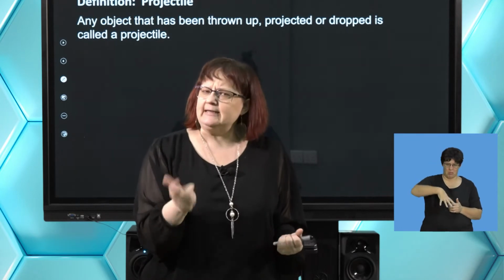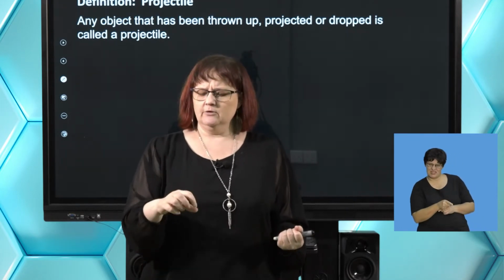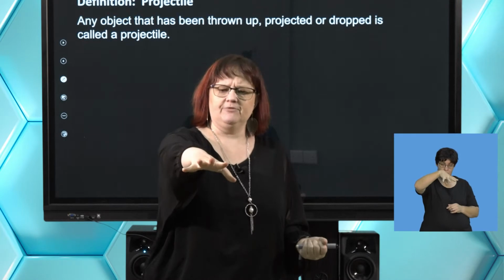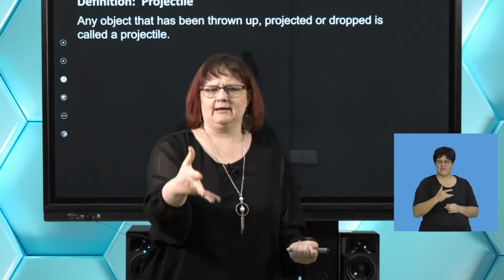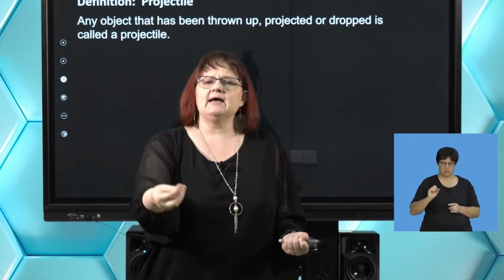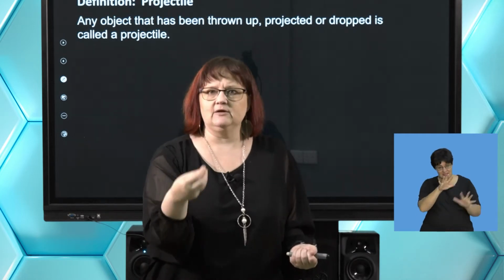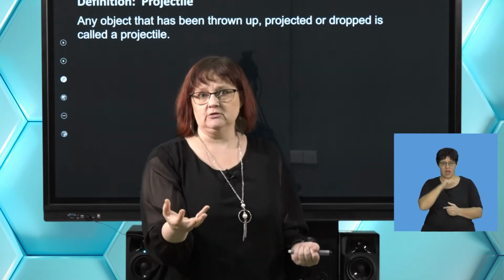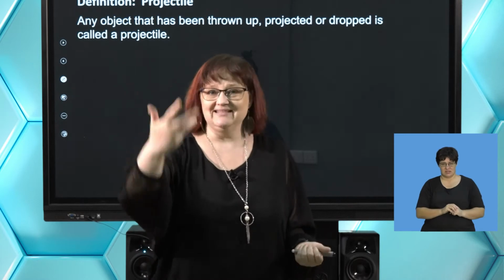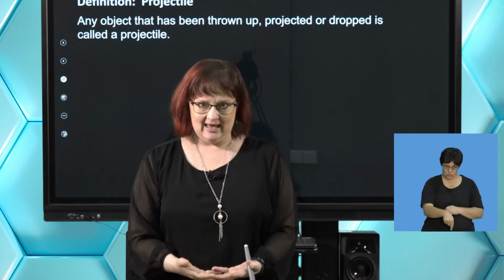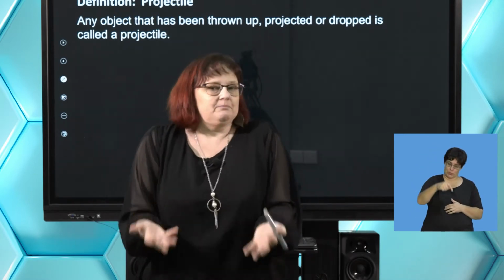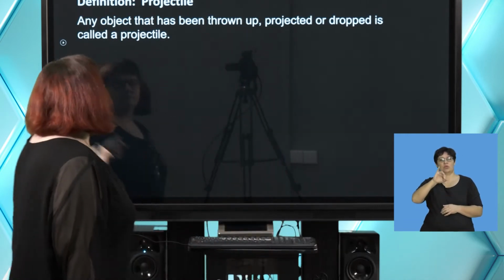Dropped feels a little strange, because when we drop something, it doesn't feel like a projectile. But in science terms, it is a projectile because it has vertical motion. It's moving down, it's moving through the air. That's what makes it a projectile.